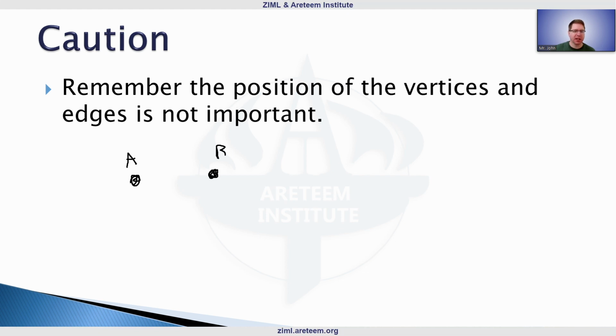And just to clarify things, I want to make sure we label those vertices: A, B, C, D. And let's say that as far as our edges are concerned, A is connected to B, A is connected to D, D is connected to C, and C is connected to B. And the question I want to ask here is: is this graph planar?